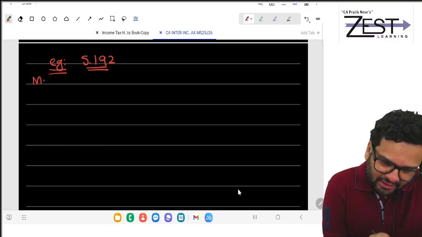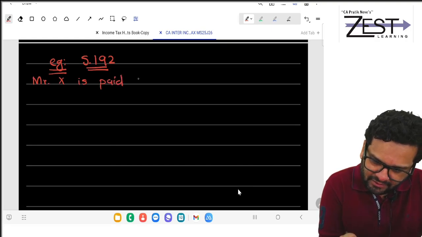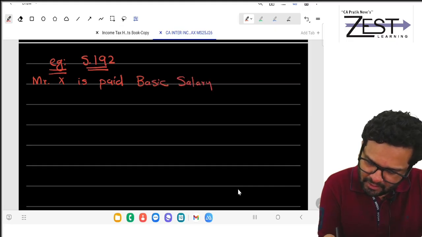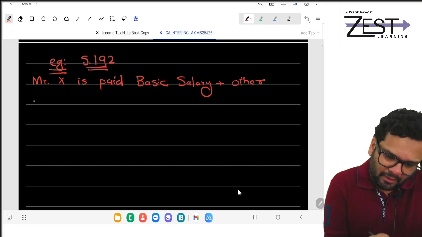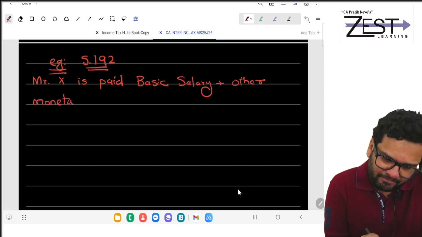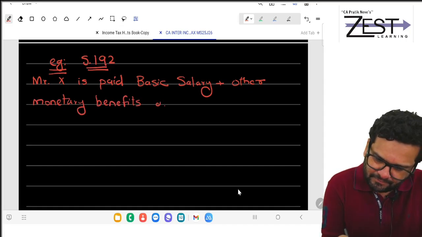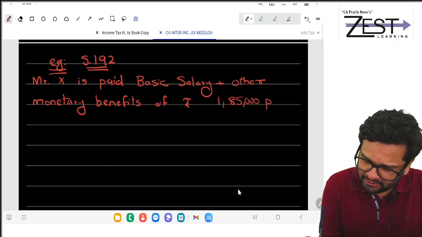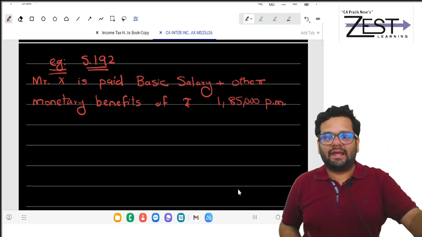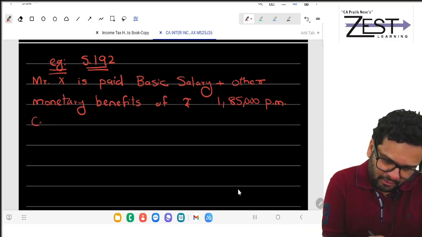Mr. X is paid basic salary plus other monetary benefits of rupees 1,85,000 per month.